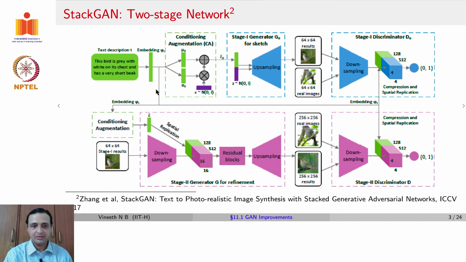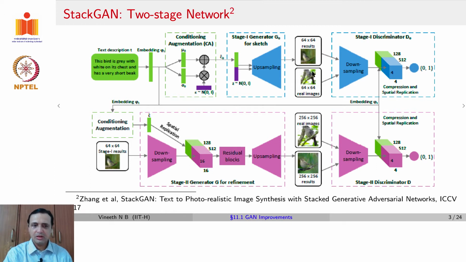So you see here that there's an arrow that comes all the way and gets combined to this output of the downsampling module, and the job of this discriminator now is to classify this tuple of generated image, whose representation we are considering, which is this blue block here, and the text embedding together to be real or fake. This is the first stage.